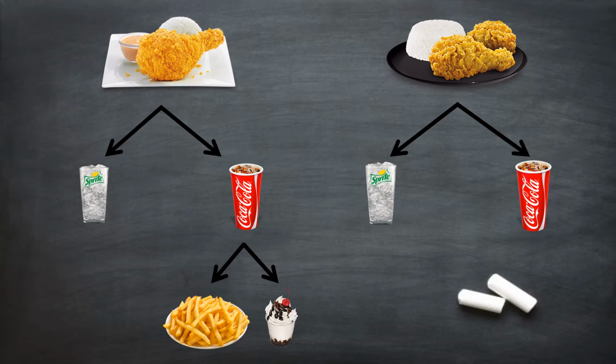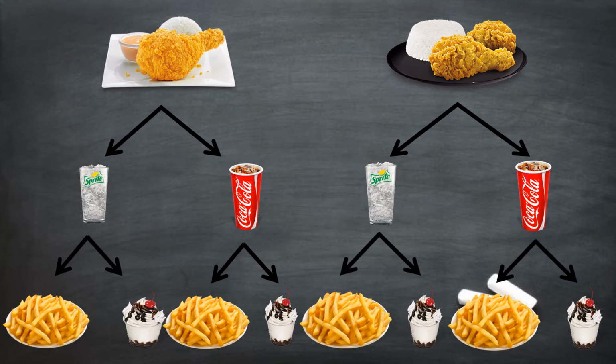Lastly, the options for the dessert or side dish, and that is the ice cream or fries. Just like what we did previously po, we just have to put another set of options for the dessert and side dish for the other possible set of combinations po.